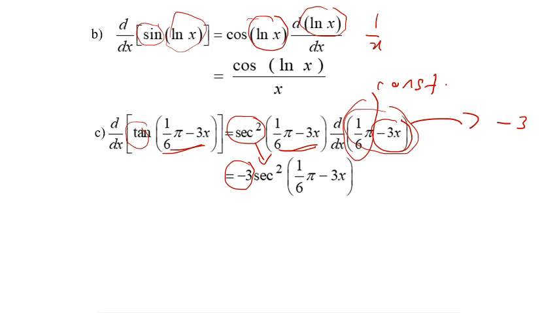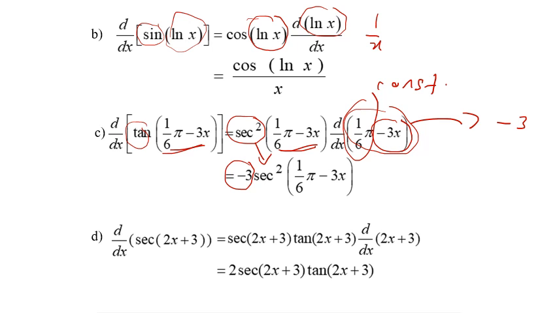Okay, right. Next, the last question, we have secant in bracket 2x plus 3. Remember, as I said before, we differentiate secant first. So differentiating secant will get secant tangent. After secant and tangent, don't forget you have to write down the inside function here, that is 2x plus 3.